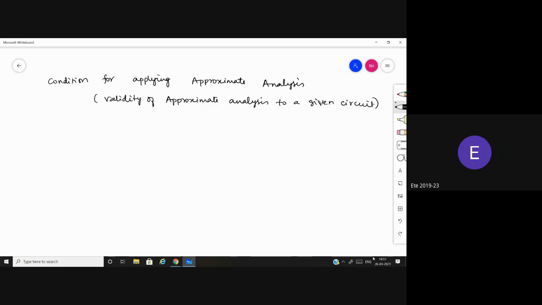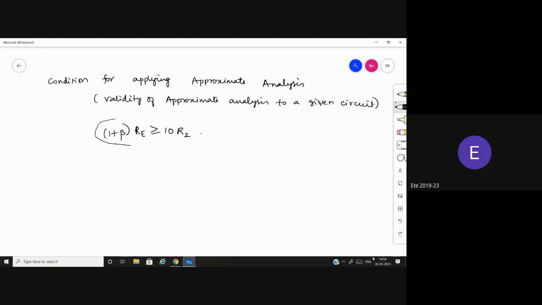So we need to remember: 1 plus beta into RE is very much greater than or equal to 10 times R2. So this is the condition we have.